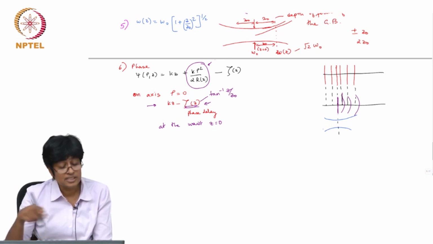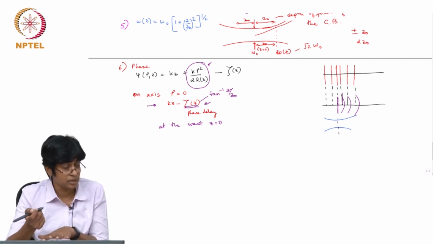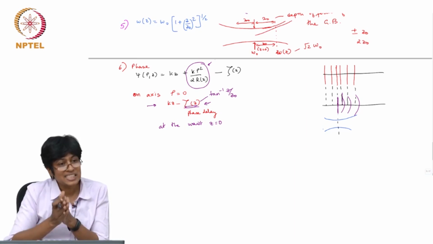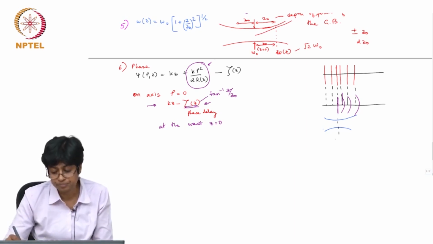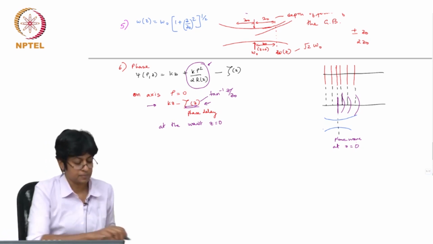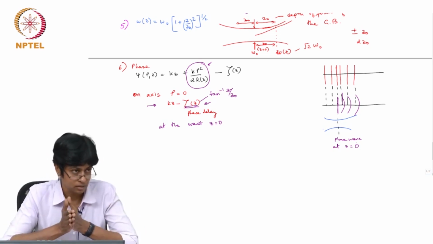There's no curvature at z equal to 0 because rho is 0 at z equal to 0. So this term doesn't play a role there, and the Gaussian wave acts as a plane wave at z equal to 0. This is an important point, so we'll come back to this.